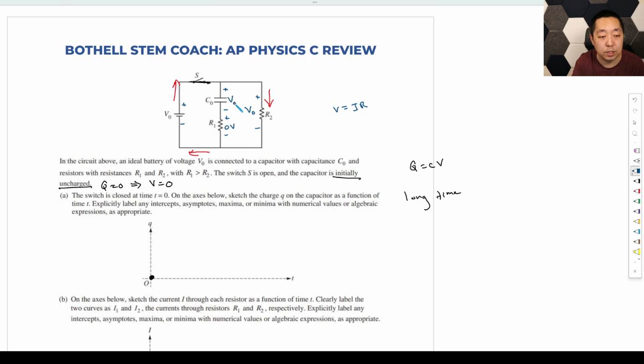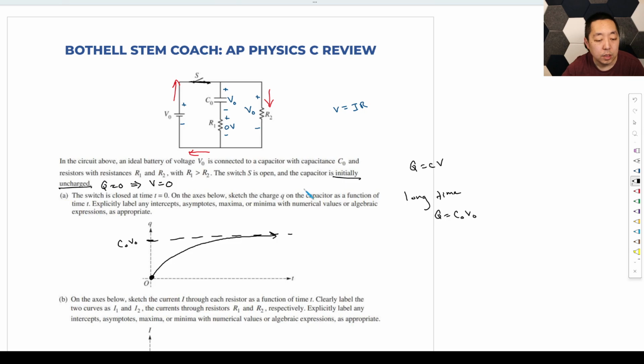This has to be V0 as well, and that's because the loop has to add up to 0. So go up V0, down V0, down 0, and we have to end back at 0 again. That's how KVL works. So eventually, after a long time, the charge is going to be C0 V0. So you put a line here, C0 V0, and then it's going to exponentially approach it, like that.